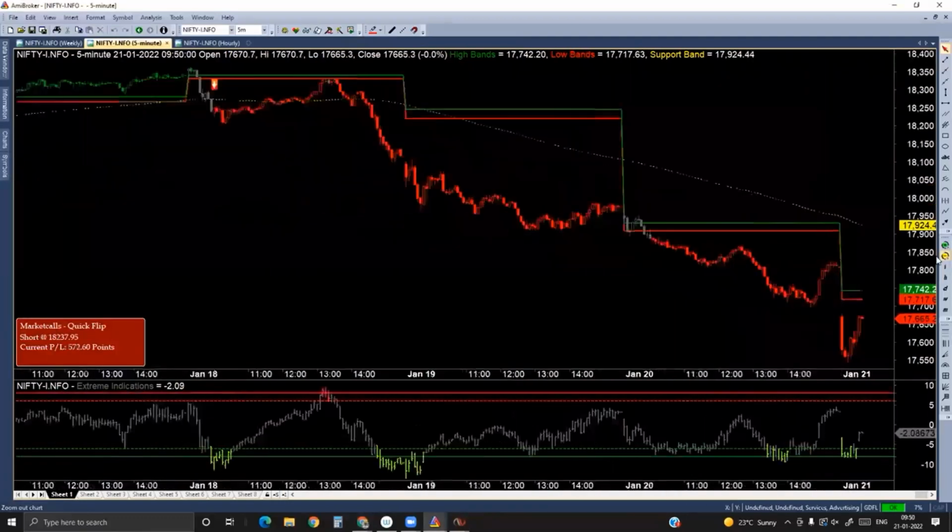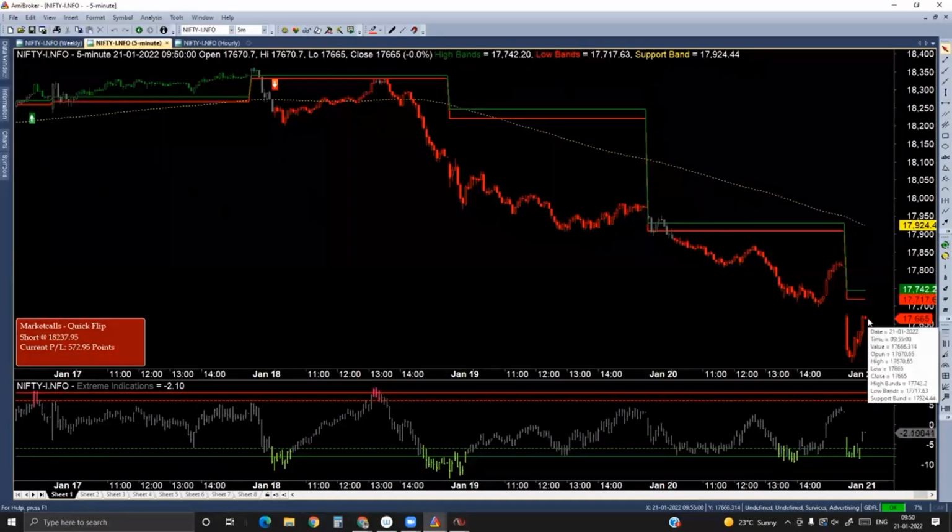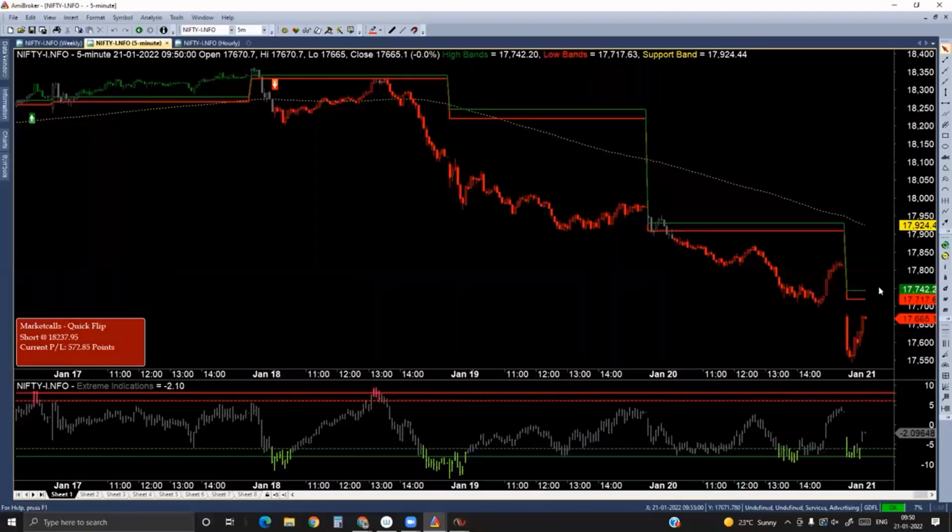Maybe this sell signal which has been running, if at all it has to come to an end, maybe we could be seeing some price move towards 17,800 kind of odds.